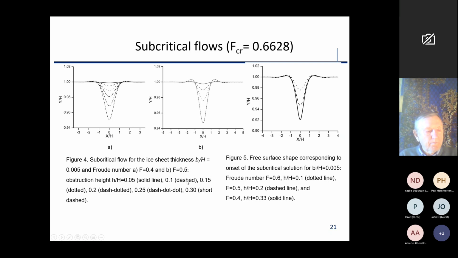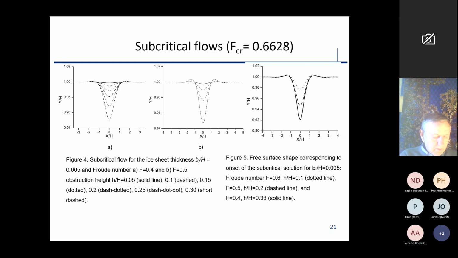So there is a limitation on the height of the obstruction to get a convergent steady solution.